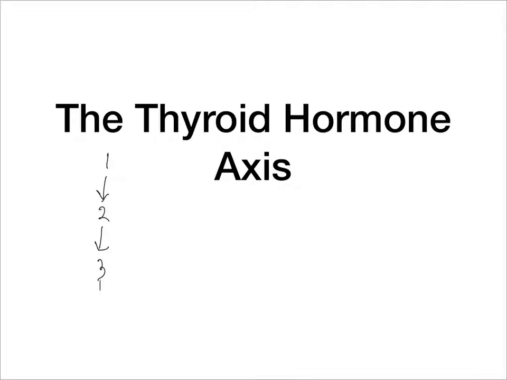And usually at the end, it's going to loop around, and 3 is going to control 1, or 4 is going to control 1, through negative feedback. But you have basically a linear, this controls this, and so it goes straight down like an axle or an axis. So that's why it's called a hormone axis.